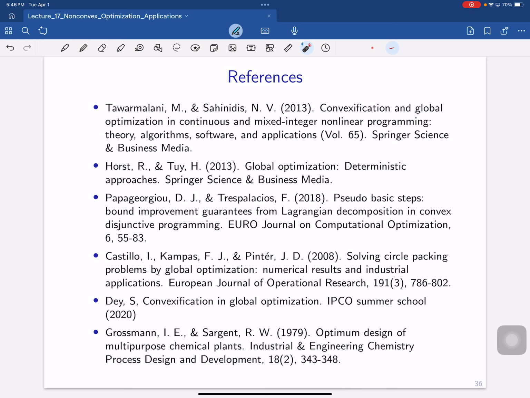And the last trick is from my PhD advisor's PhD thesis. In his thesis with Professor Roger Sargent, they came up with this trick to log transform the problem into a convex problem. Okay, so you could check those references if you are curious about one of these topics.